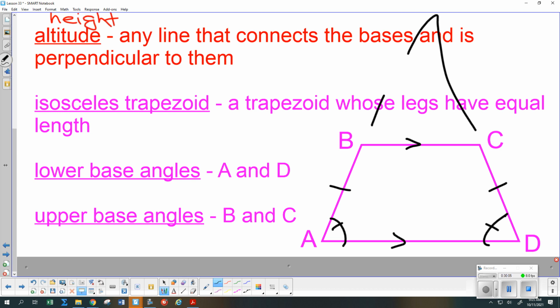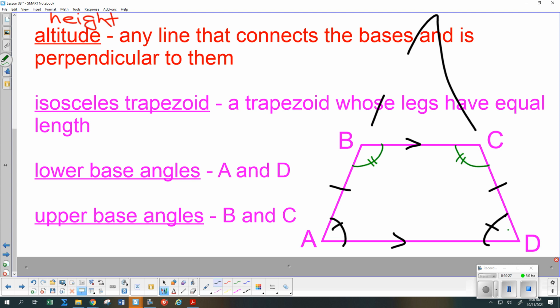Because the top and the bottom are parallel, this angle on the left has to be supplementary with the angle on the right. This angle down at the bottom has to be supplementary with the one up at the top also. But if the bottom ones are congruent, these have to be congruent.